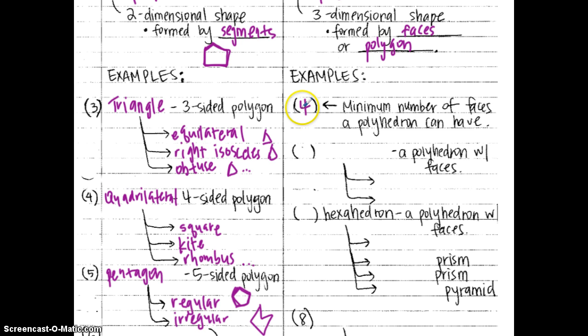You cannot create a 3-dimensional shape with only 3 polygons, 3 faces. So for a polyhedron with 4 faces, the prefix for 4 is actually tetra. It's called a tetrahedron.